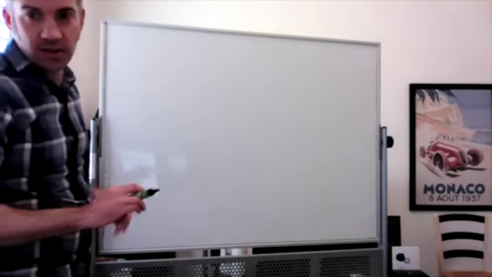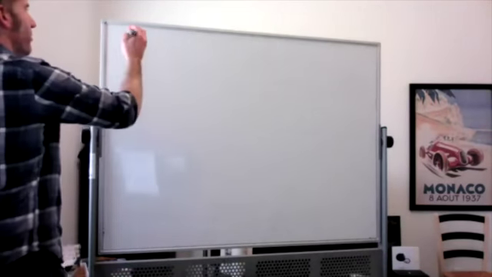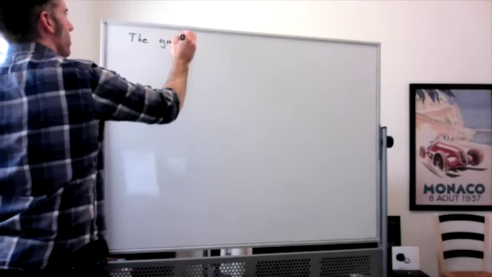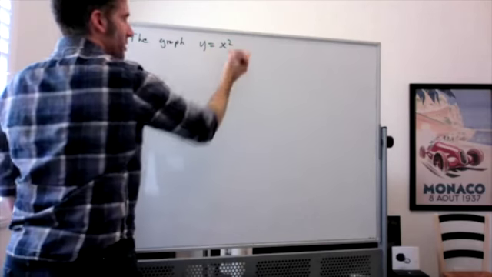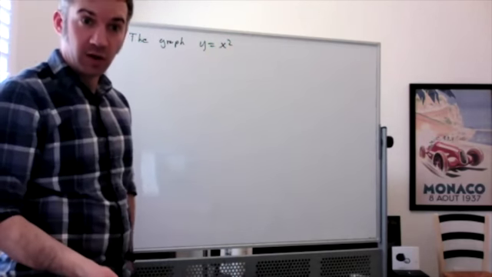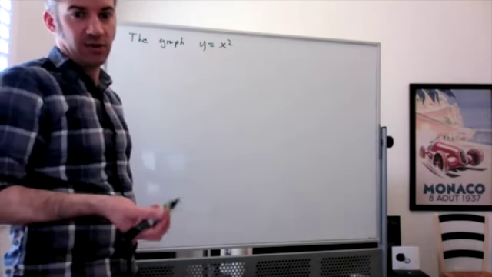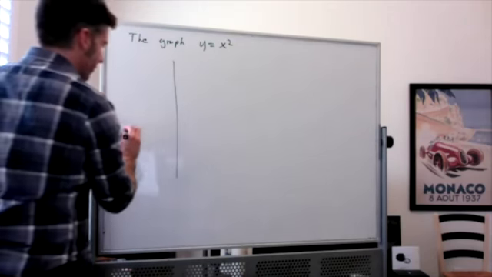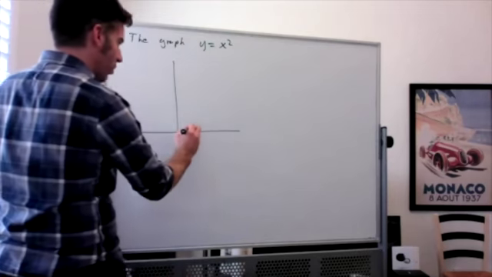Okay, so first and foremost, the graph of y equals x squared. This is kind of your standard parabola or your parent function when it comes to parabolas. All parabolas you could think of as coming from this one. I don't usually graph it super precisely, but you could if you wanted to.